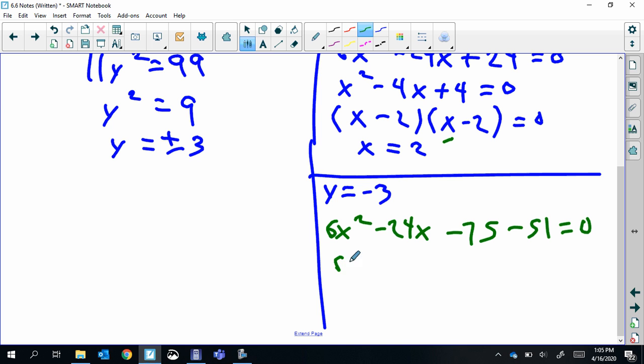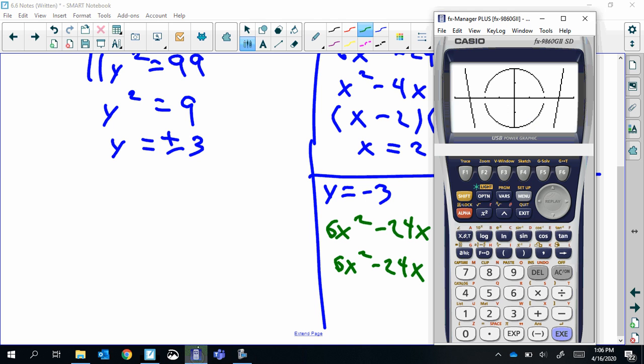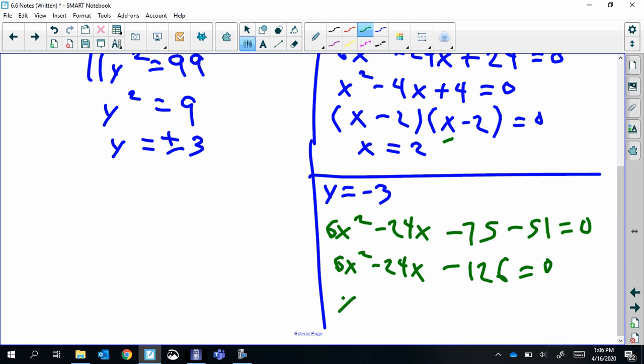So again, we're just combining like terms first. So that's 126. I think that's divisible by 6 also. So we can divide everything by 6. Yeah, we get 21. Divide by 6, we get 4. And divide by 6, we get 21.